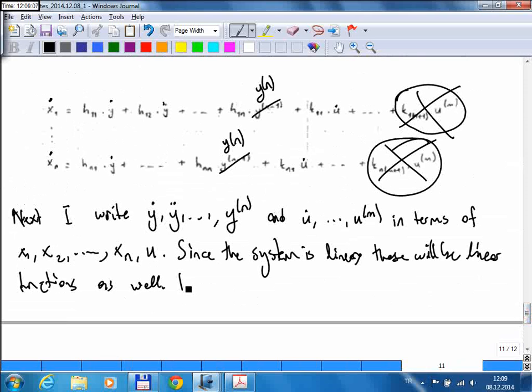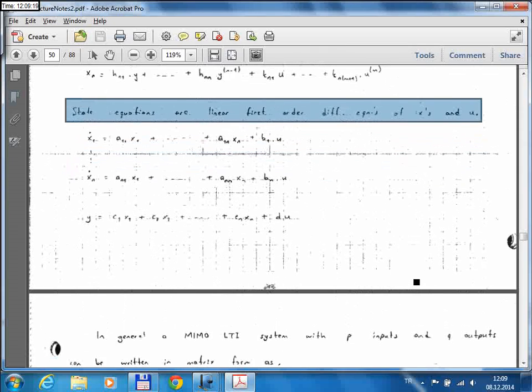In the end, state equations become these equations.